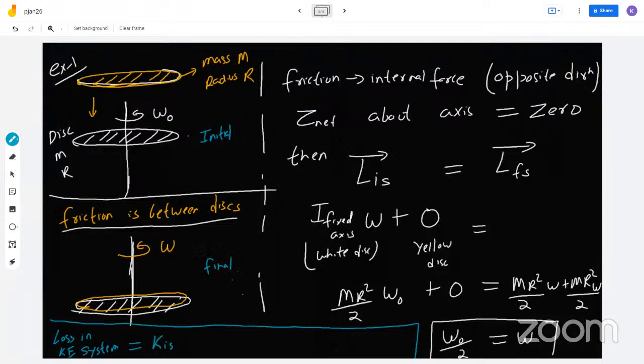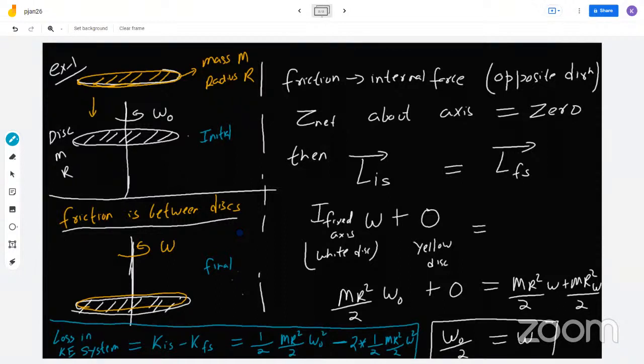So kinetic energy initial of the system minus kinetic energy final of the system. Initially only the first one has kinetic energy. The kinetic energy of a rigid body in fixed axis rotation is half I omega square. So it is half MR square by 2 omega naught square minus, finally for both disks, half MR square by 2 omega square. There are two of them, so 2 times. Correct?